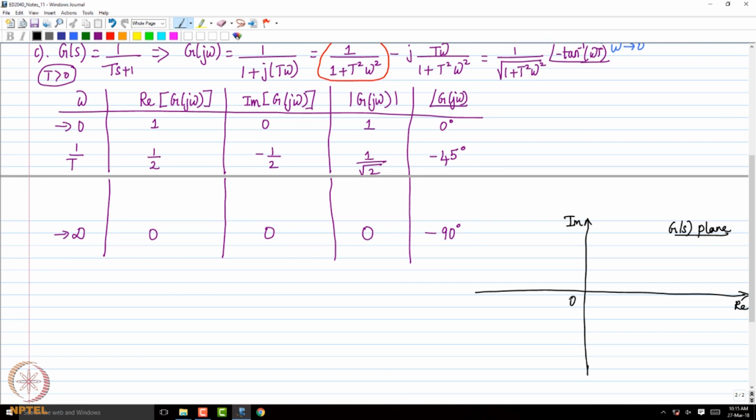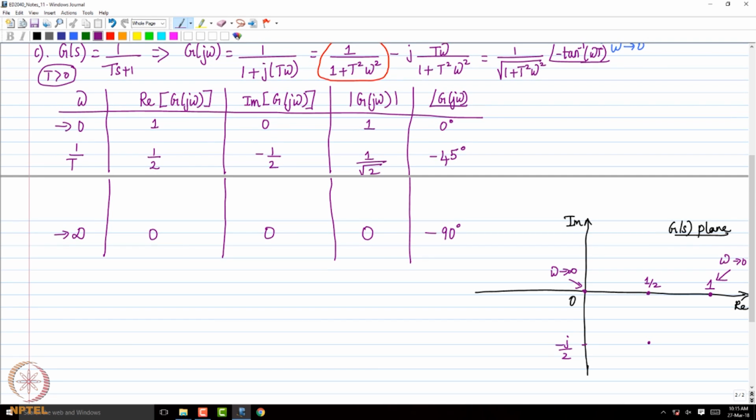I know that there are certain critical points. 1 is one critical point, and 1 by 2 is another, because at frequency 1 by T the real part is 1 by 2 and the imaginary part is minus j by 2. And 0 is also important because that is what happens when ω tends to infinity. This is ω tending to 0.